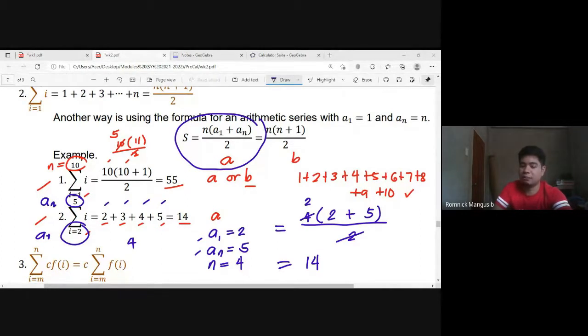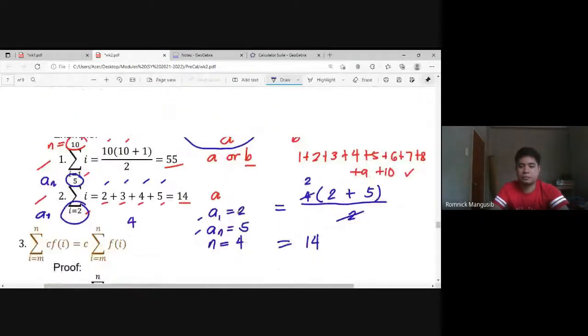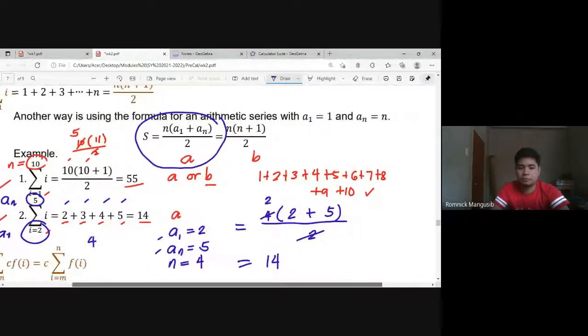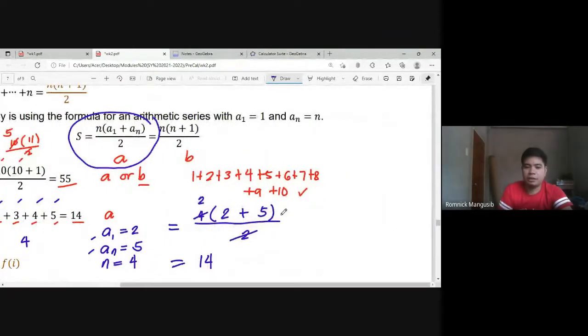So let's have another example like number 2. Kasi yung number 1, sa tingin ko, ay mabilis siyang intindihin. Okay, number 3 and number 4. Number 3, what is the summation of k, where k starts from 1 to, let's say, 1,000?